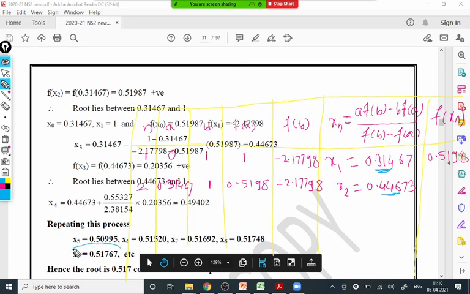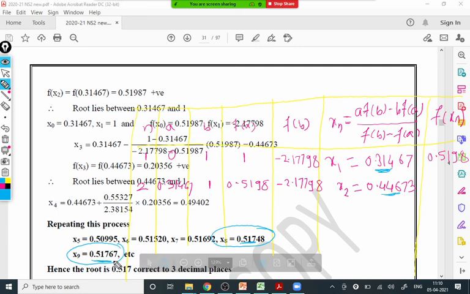You will observe this is the 9th and 8th, where the first 3 decimals 517, 517 start repeating. Some of you may get this same or a similar answer in 6 iterations. That is also okay, but definitely not fewer than 6 iterations. The reason is you may round up, or you may write all decimals.